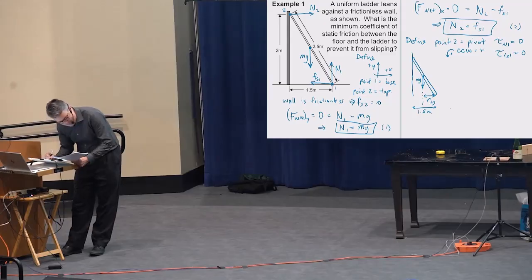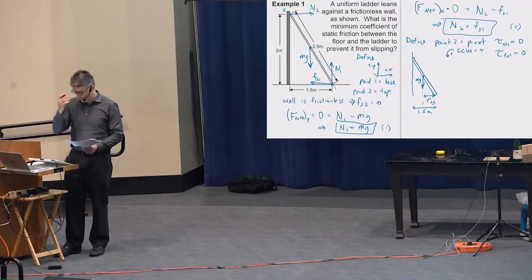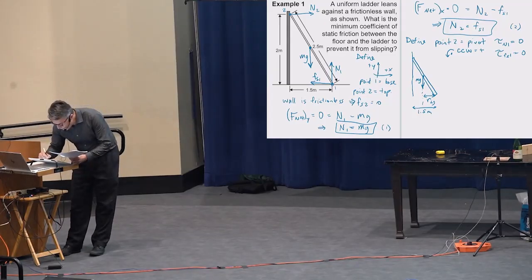So it's going to be half that, I think, if the ladder's uniform. And then the other thing is that this is N2, so a little force line going like this. You do a perpendicular down to the pivot point, and you get r perpendicular for N2. And that actually is equal to this distance, which is labeled, it's 2 meters, right?